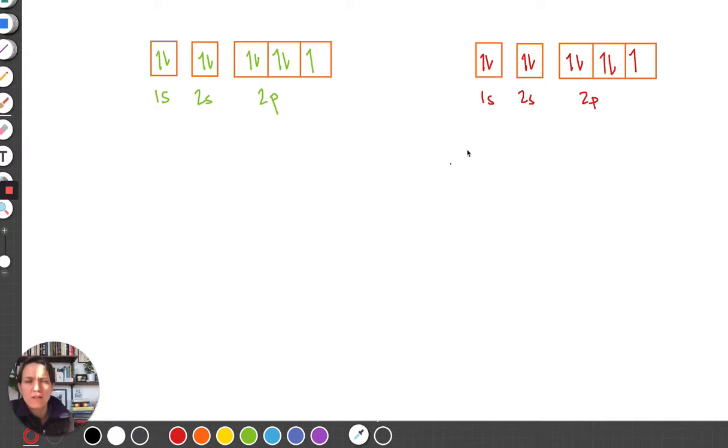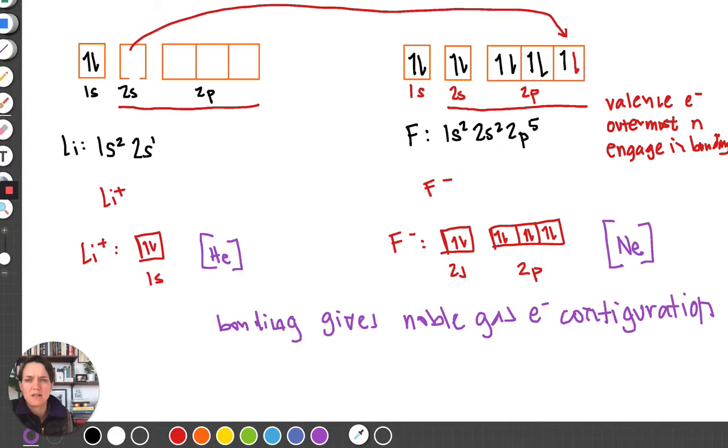Okay, and now we're in a very different situation than what we had on our last arrangement. So over here, notice that if our goal is to get an electron configuration that is identical to a noble gas, lithium had two possibilities of where it could go, right? So lithium's native electron configuration had just one electron here.